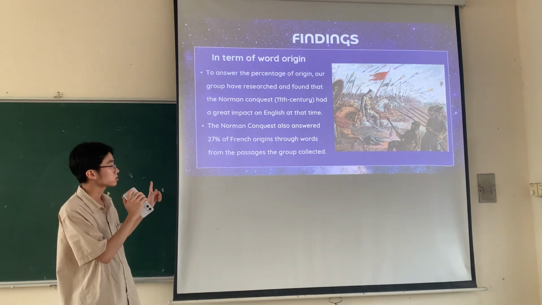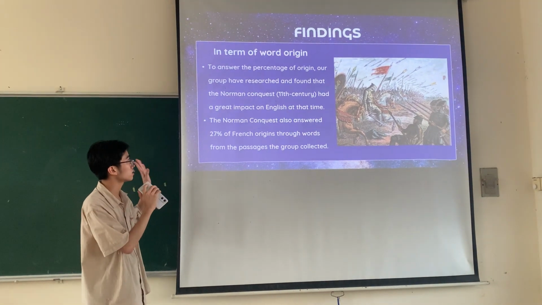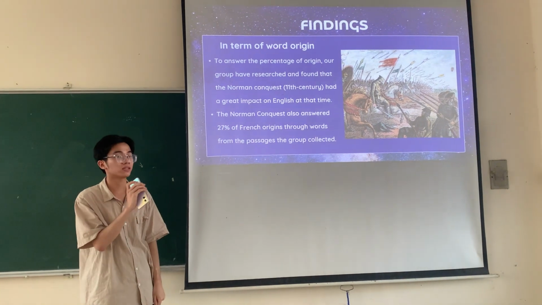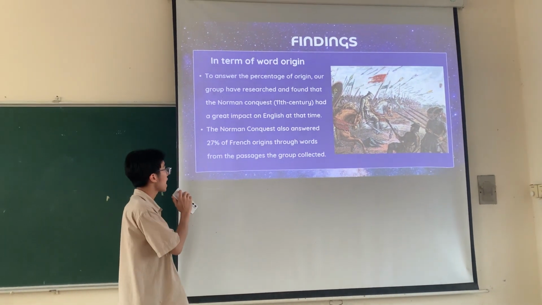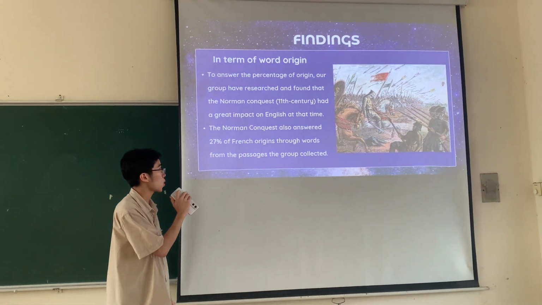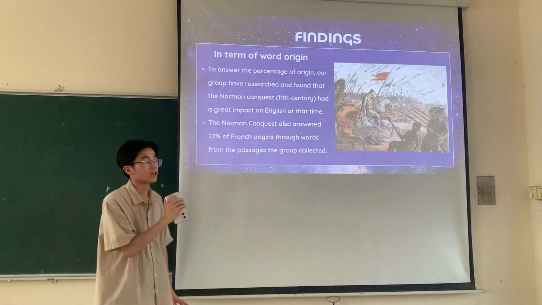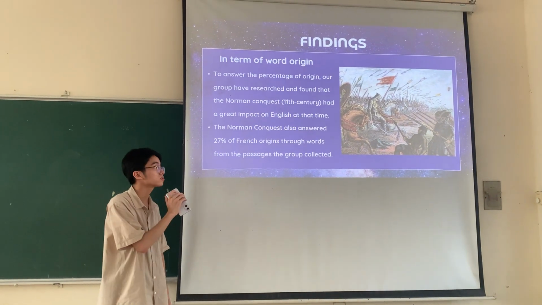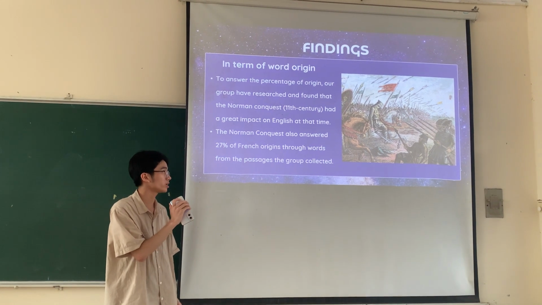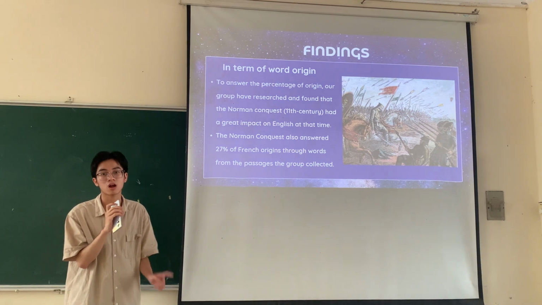Latin and French are the most common because the Norman conquest in the 11th century had a great impact on English at that time. The Norman conquest also explains the 27% of French origins in the words from the passages we collected.